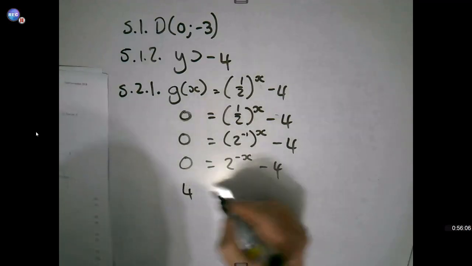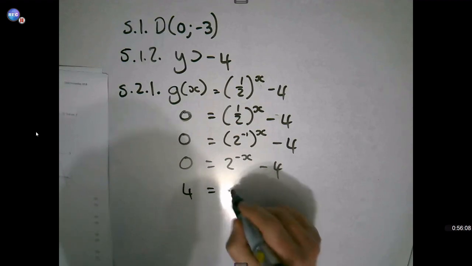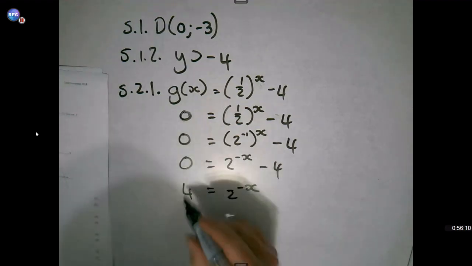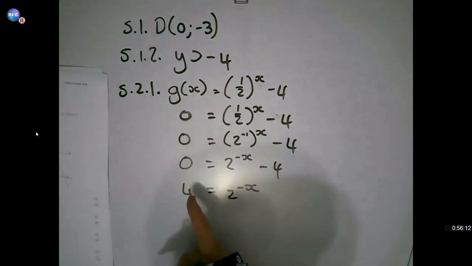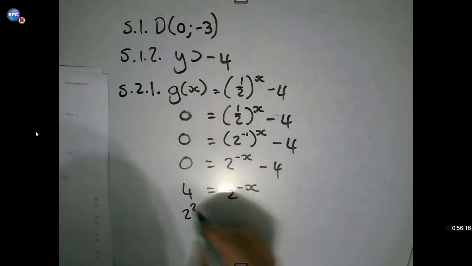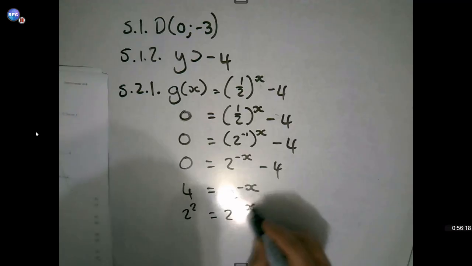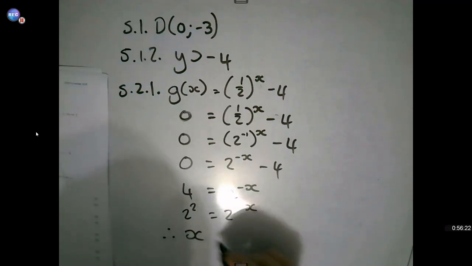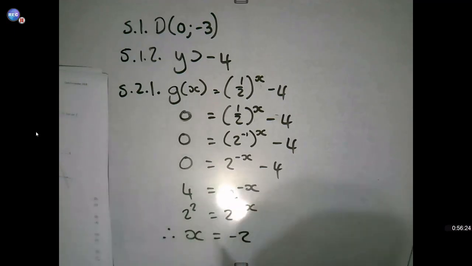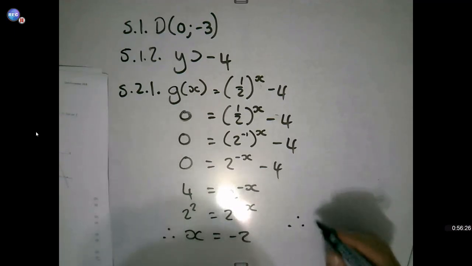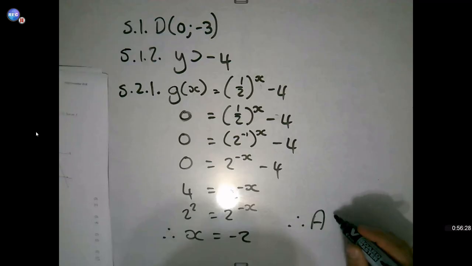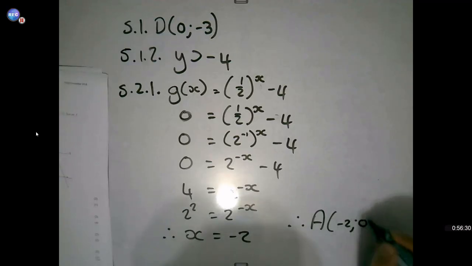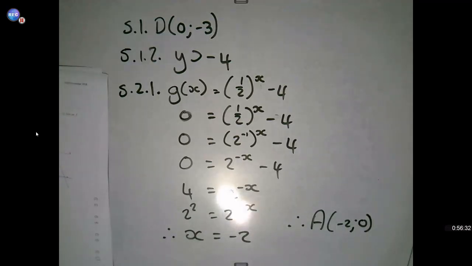Carry 4 over to that side, you have 4 equals 2^(-x). Transform it into prime factors, which would be 2 squared equals 2^(-x). So at the end of the day, x is equal to negative 2. Therefore, your A coordinate will be (-2; 0) for question 5.2.1.